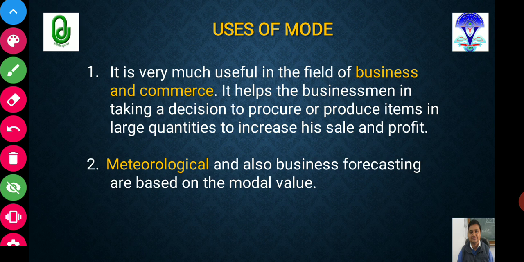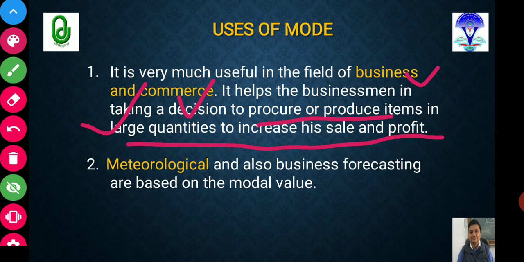Now what are the uses of mode? So it is very much useful in the field of business and commerce. How? It helps the businessman in taking decisions to procure or produce items in large quantity to increase his sales and profit. So by determining the mode, you can see the mode of your demand.